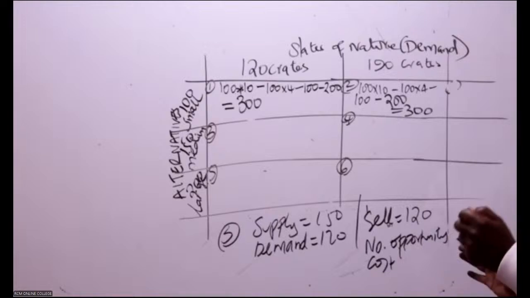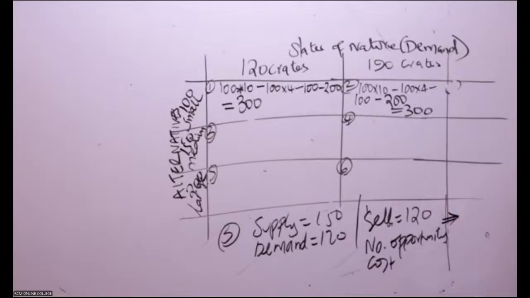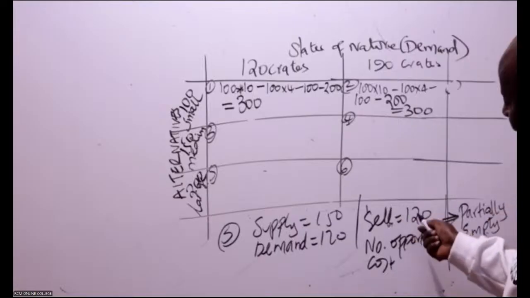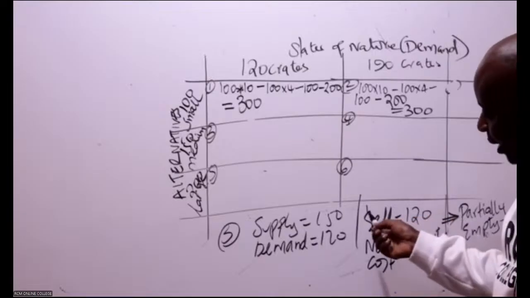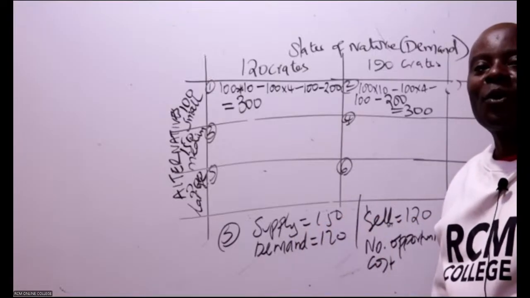So let's move on. But one thing is very clear, that we are flying down there in the van partially empty. Why? Because we shall be selling 120 and our van size is 150, so we have 30 spaces.